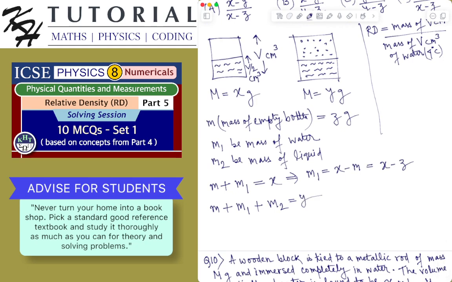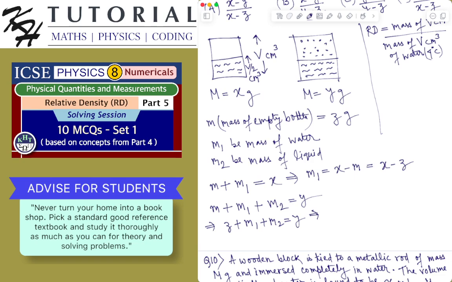Now small m is the mass of the bottle, which we know is z. So we have z plus m1 plus m2 is equal to y. We need to find m1 and m2. We have already found m1, which is x minus z. Now we are finding m2.